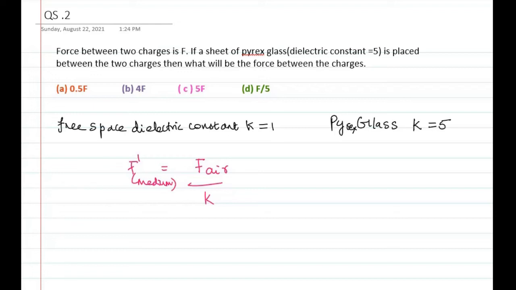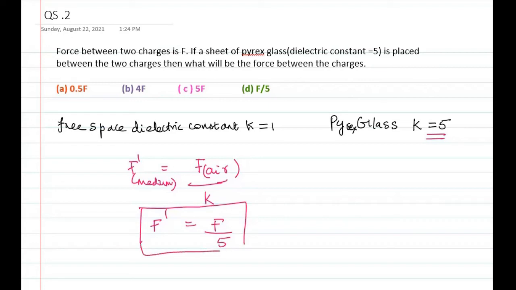Force in new medium is equal to force in the air divided by K. The dielectric constant is given as 5, so F dash is equal to F by 5. So option D is the answer.